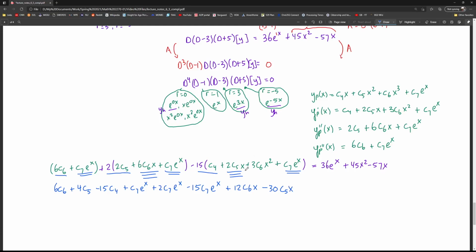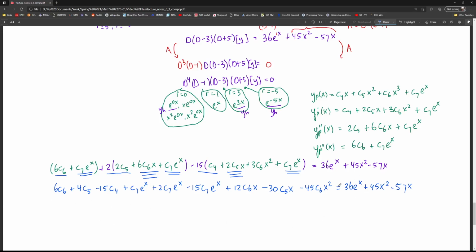And then we have one term with an x squared, and we see that that is minus 45c6 x squared, and then that equals 36 e to the power x plus 45 x squared minus 57x.